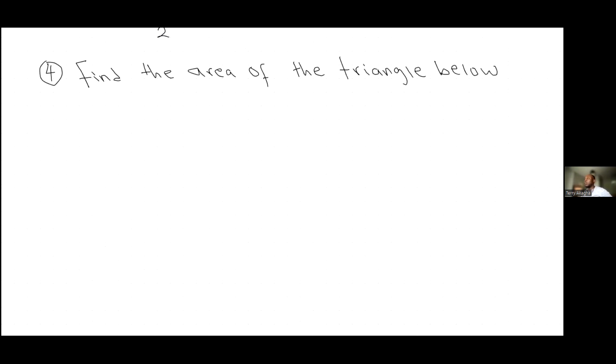So we have something like this. Okay, so we have this to be 5 centimeter. We have this to be 8 centimeter. And we have this to be what? 60 degrees. So you can see in this example, we have 2 sides and the angle between them.